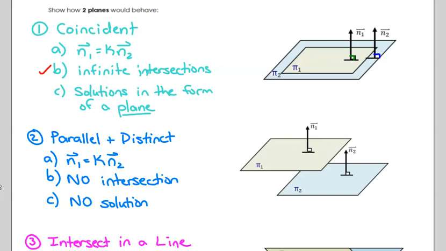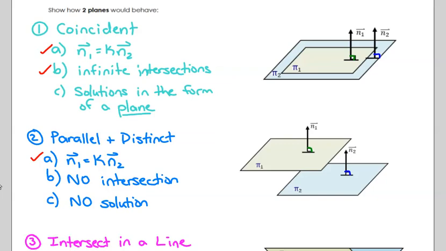That might be something we would want to check because it might eliminate one of the cases. If you take a look down here, this second case also has both of the normals being scalar multiples. Even though they're not coincident planes, and they're actually distinct planes, since they're parallel, the normals are also parallel.